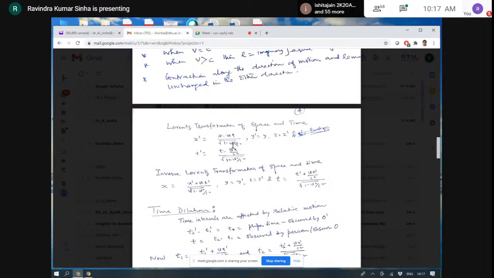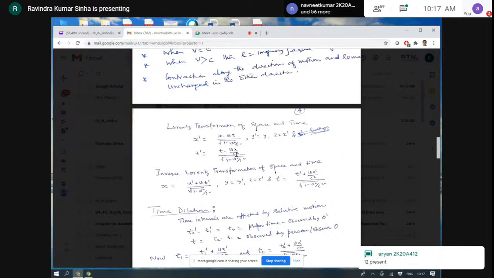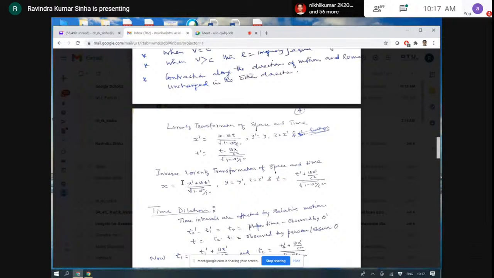But when the velocity is high, like if an electron is coming from a metal, a nuclear particle is getting disintegrated, or if in future we are able to make a spacecraft which has a very high velocity. So this is the Lorentz transformation of space and time. The inverse Lorentz transformation of space and time will be this.